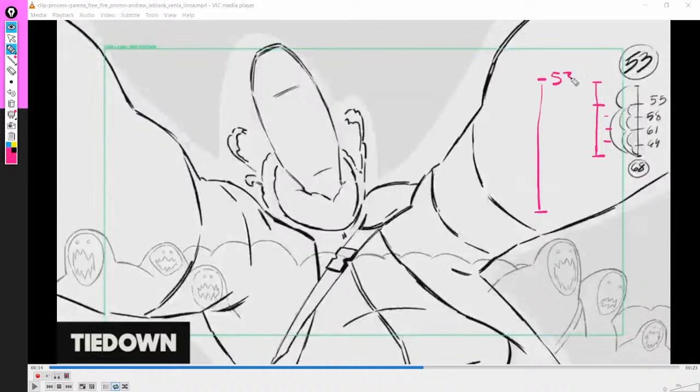That would be 53 and 68. Here would be 55, and then here would be 61. Here would be 58, and here would be 64. I believe that's what it would look like if it were done here in class the way we've been doing it.